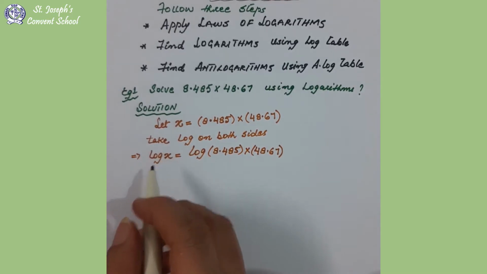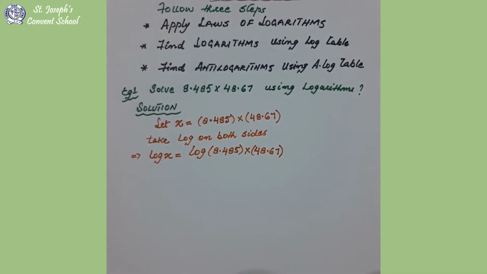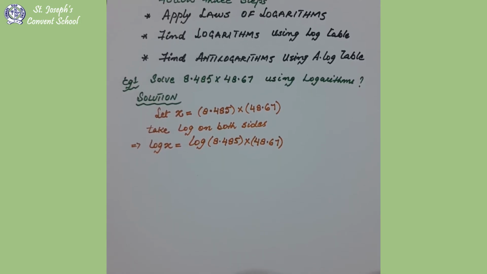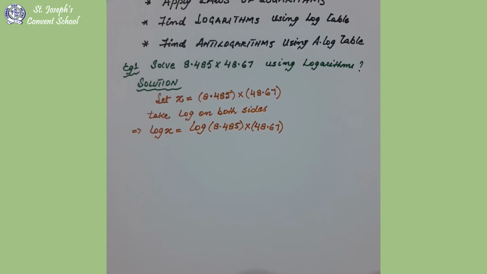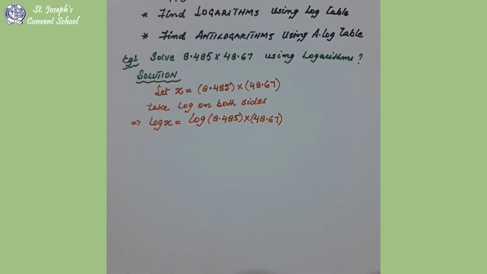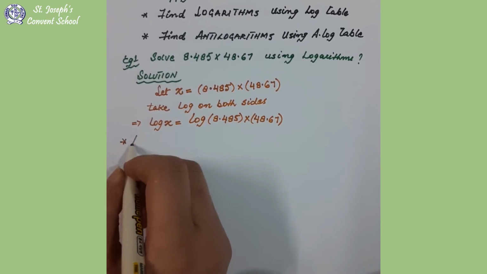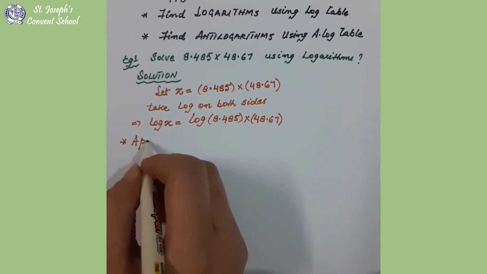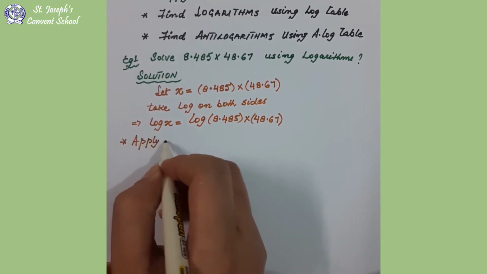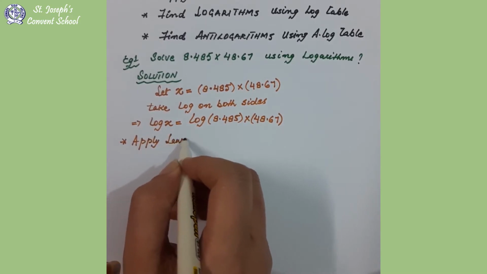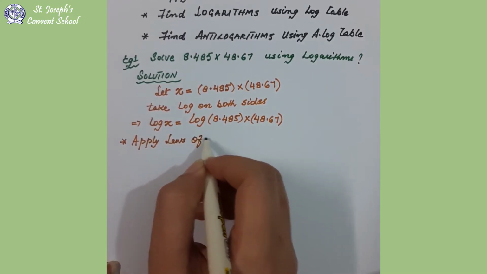Now you have to do this in every question. You have to suppose and then take log on both sides. Now you will start the steps, those 3 steps which I told you. Now you will apply the laws of logarithms.